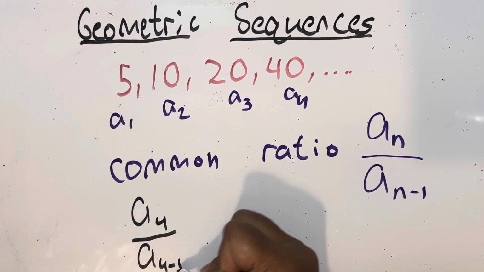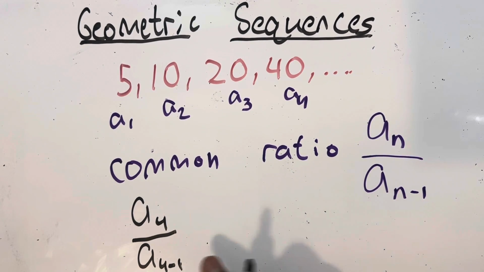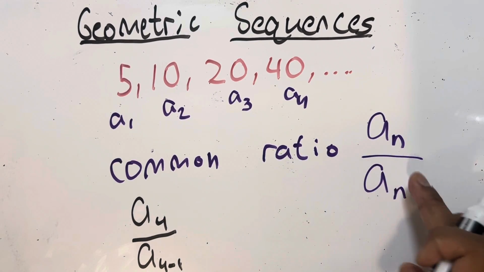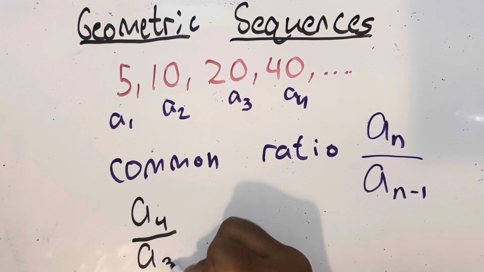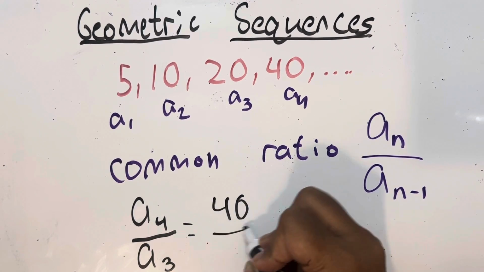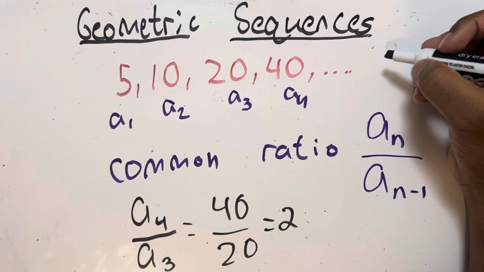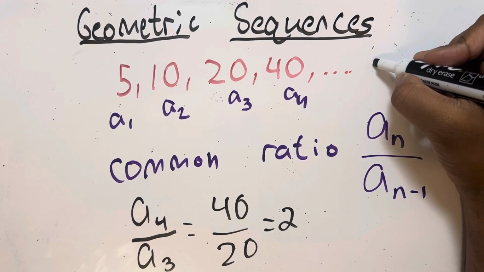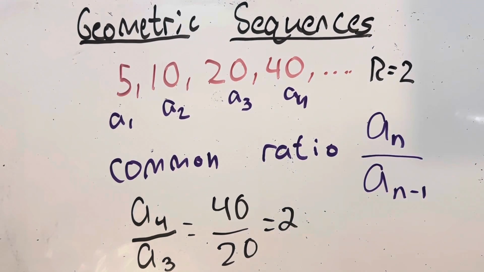Following the convention, that's a of n over a of n minus 1, with n equal to 4, so 4 minus 1, which is just 3. And I get 40 over 20, which is 2. So my common ratio for this problem is 2. I'm going to keep that in mind as we keep working through this problem.